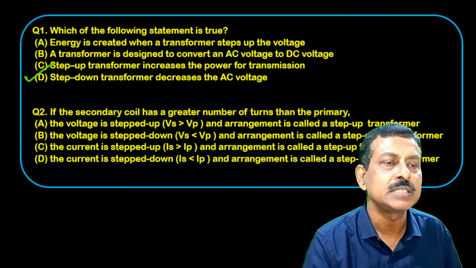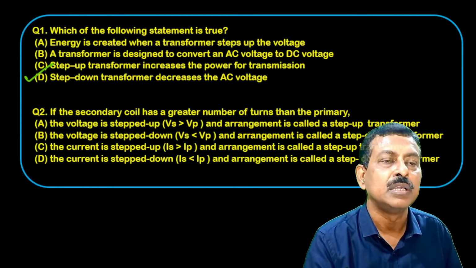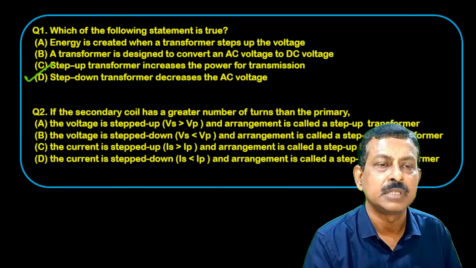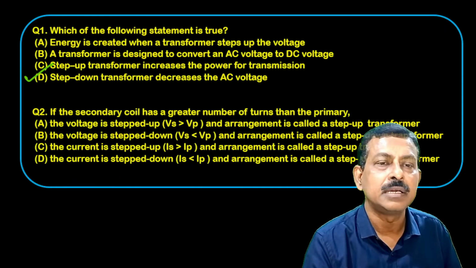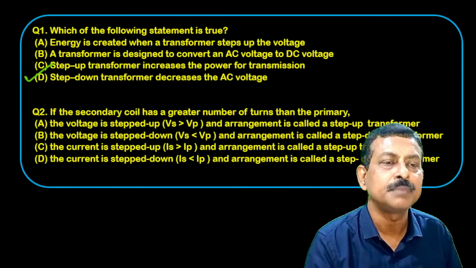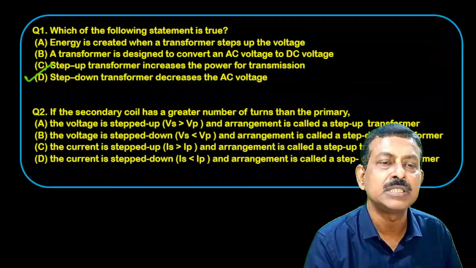The second one is, if the secondary coil has a greater number of turns than the primary, the voltage is stepped up, that is Vs is greater than Vp, and the arrangement is called a step up transformer. Second option, voltage is stepped down, Vs is less than Vp, and the arrangement is called a step down transformer.